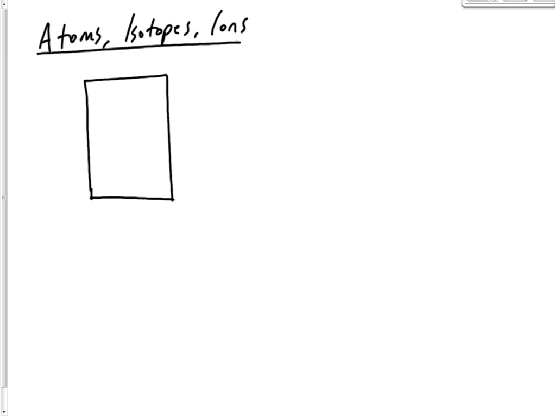Okay, and when you look at the periodic table, you're going to see a square similar to this with a number, a symbol, and then a number with a decimal. All right, so these are the three things you're going to see typically. Sometimes it'll have the name, but sometimes it won't. So this number at the top, this whole number, this is going to be your atomic number.